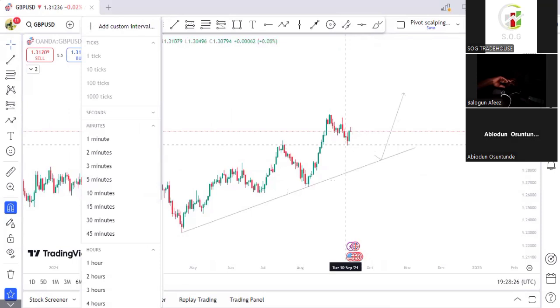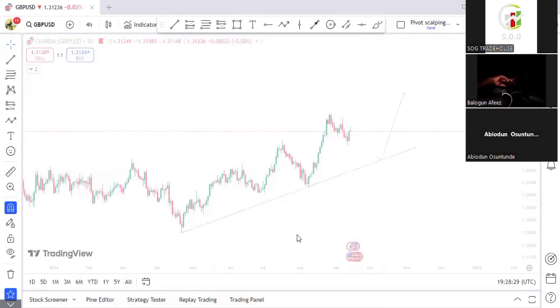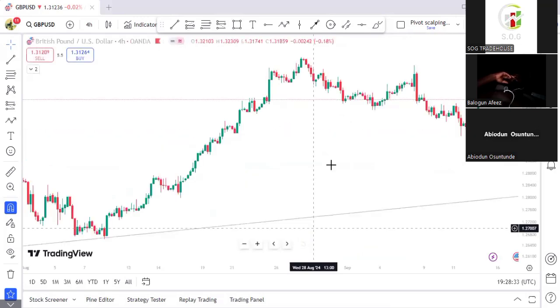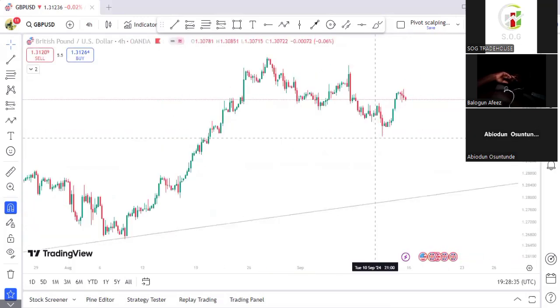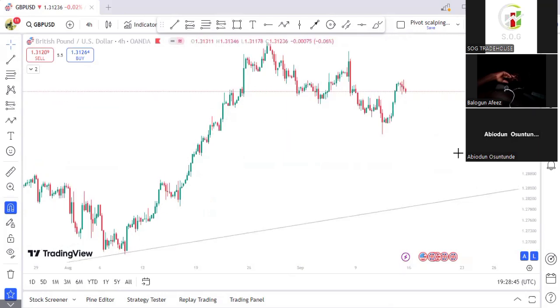So if we go down to the 4-hour time frame, you can see that on the daily time frame this whole move was just one candle, but on the 4-hour time frame you can see a series of bullish candles moving to the upside.